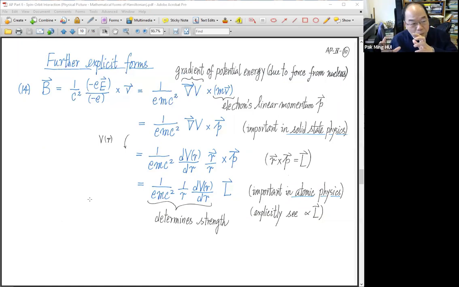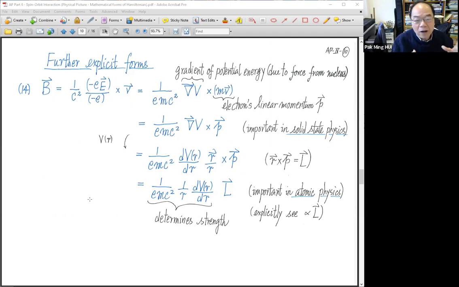One form will appear in solid state physics more, one form will appear in atomic physics more. We have a big field called ultra cold atoms. Professor Wang Dajun is doing it, an expert in this field. And in that particular area of cold atom physics, you need the language of atomic physics, all right?